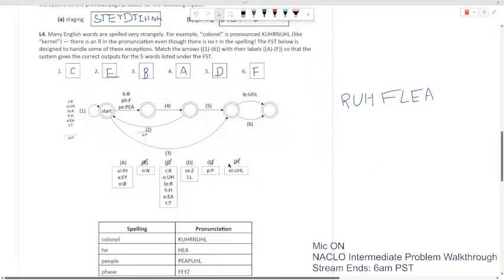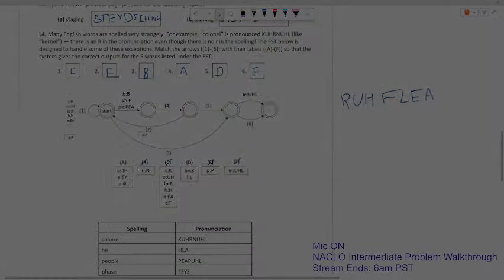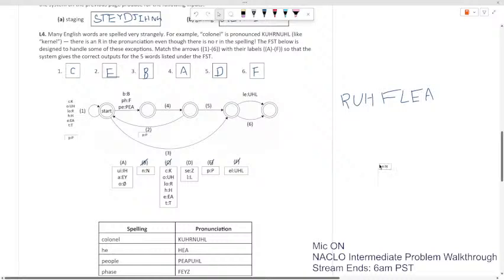Okay, that's good enough. And then 3 is B. And then 4 is A.